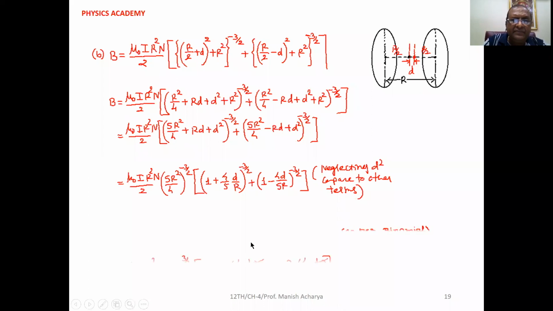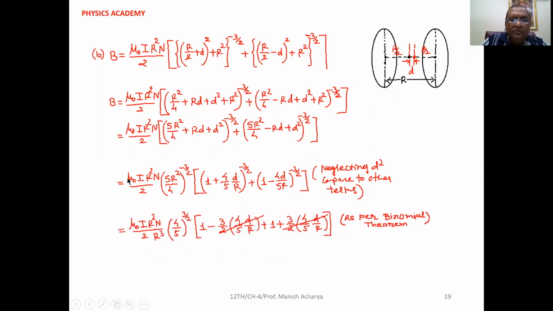Now, mu 0 I r square n by 2. Now, here this r square raised to minus 3/2 will give you r raised to minus 3. So when you write it in the denominator, then that will be r cube.